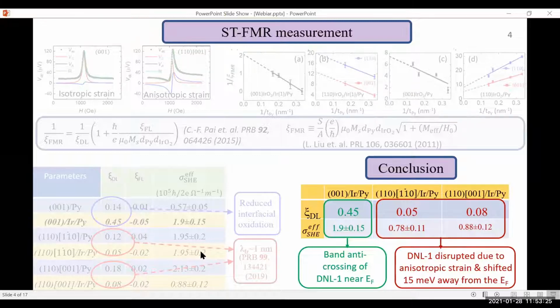It is in fact much reduced. It's a typo. This should be this value, 0.78. Great, this is a very good point that you noticed and asked.